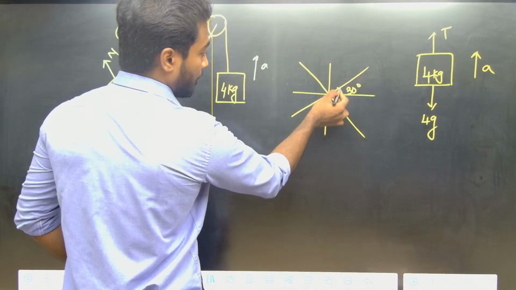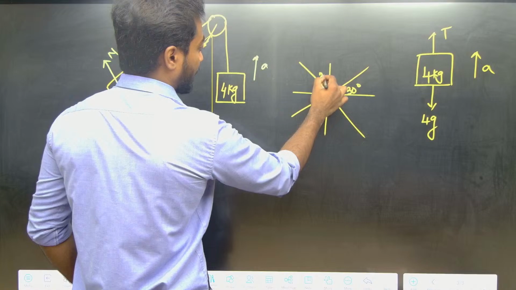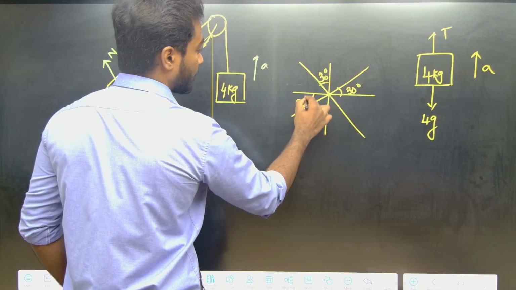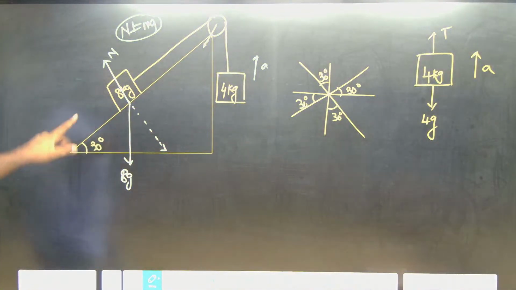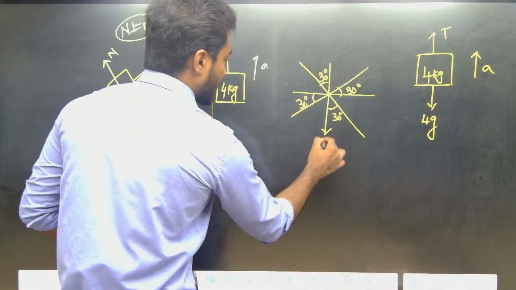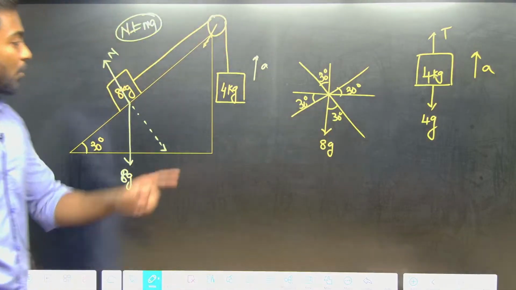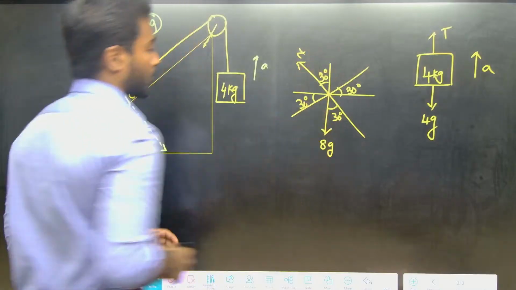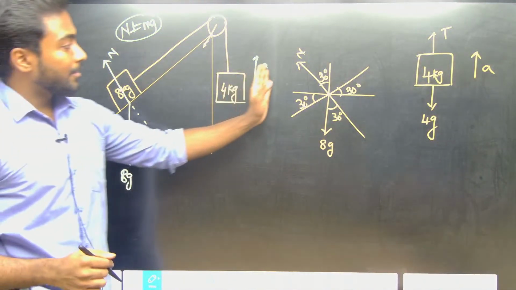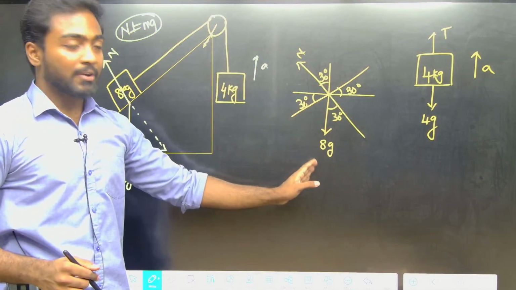Like before that, keep the 30 degree angle alternatively. Now mg is acting towards down, that is 8g acting towards down. The normal is acting in this direction. Either I can get the normal or I can simplify the 8g.